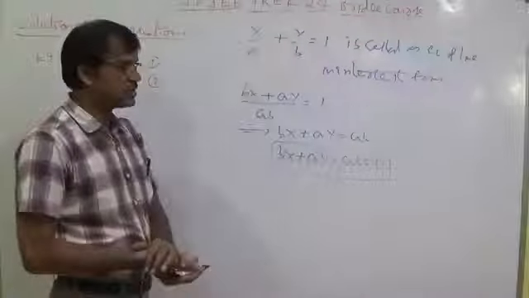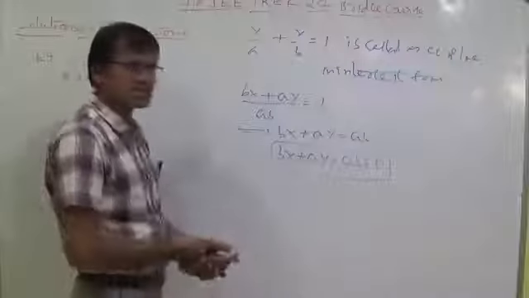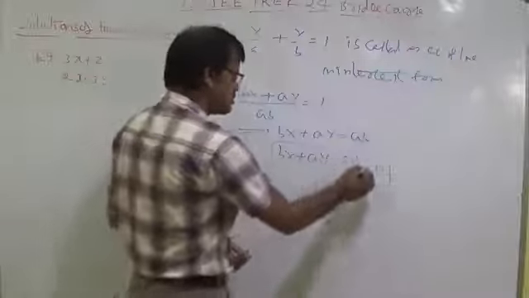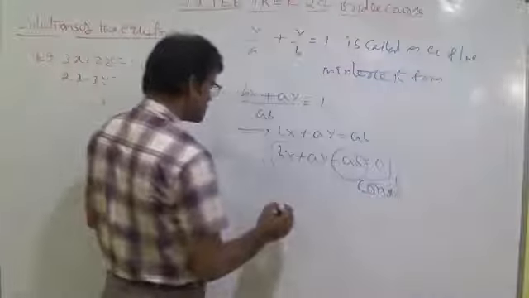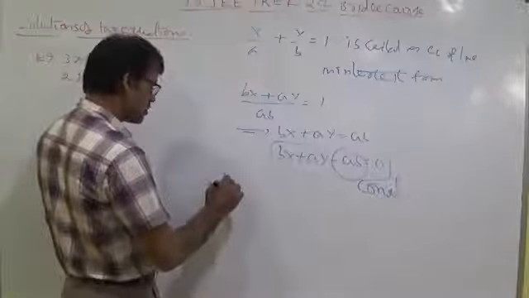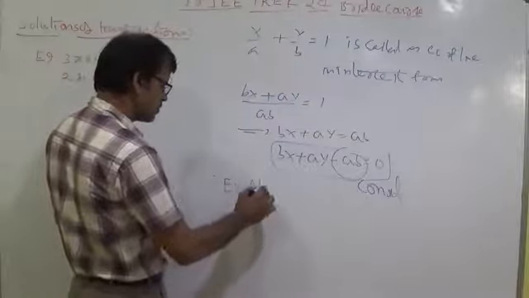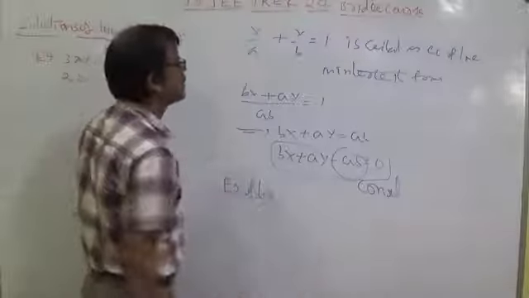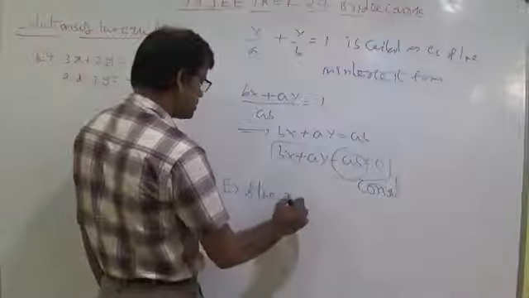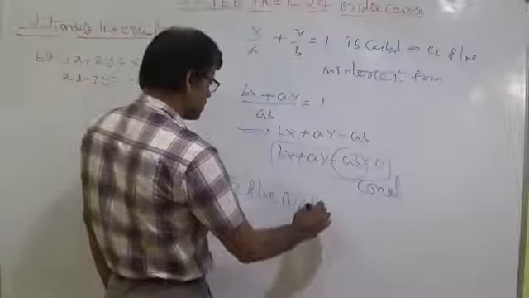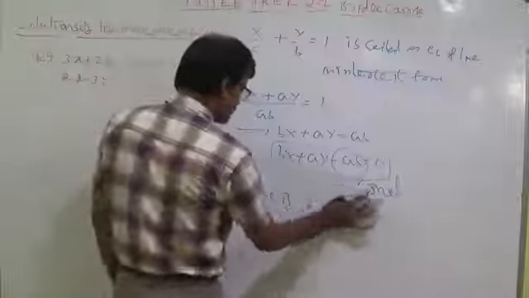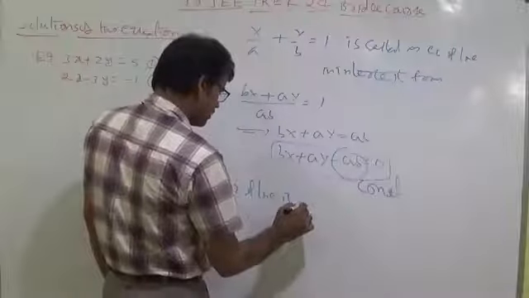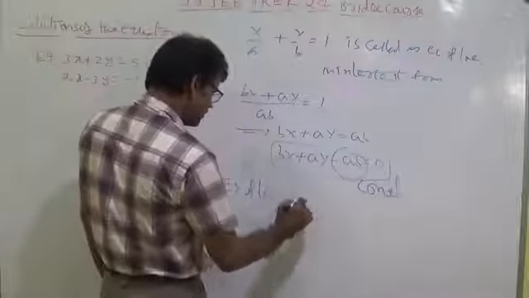You can understand that this ab is a constant. So this is called the equation of a line in general form.